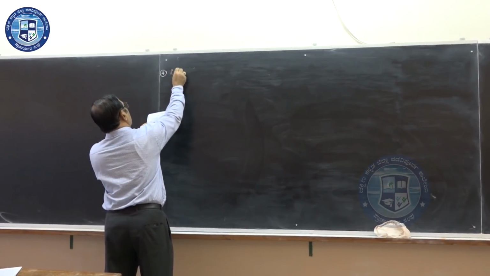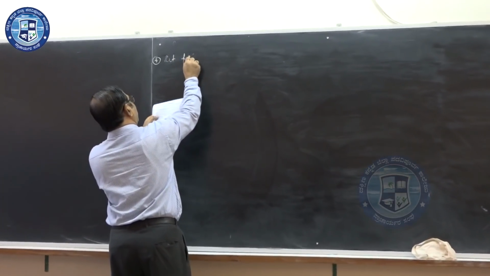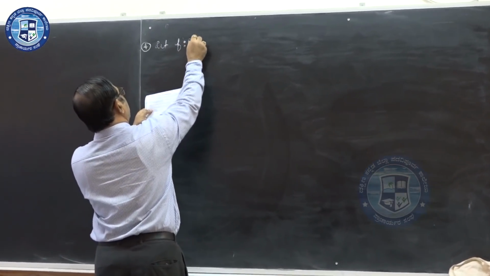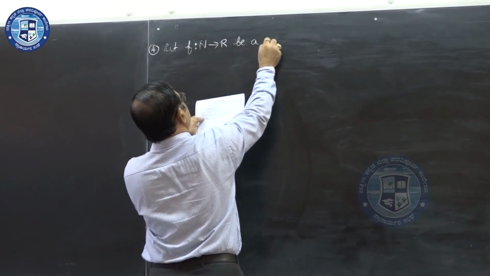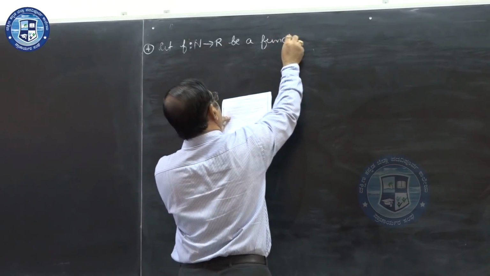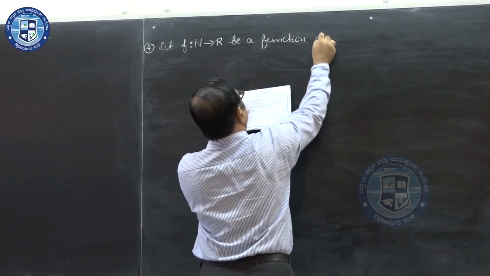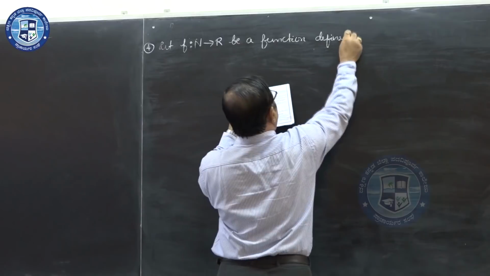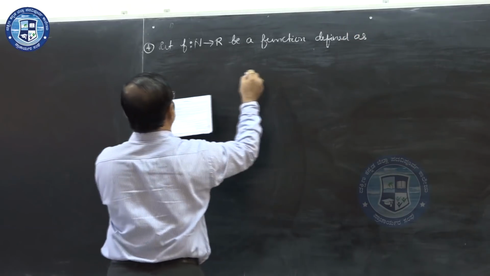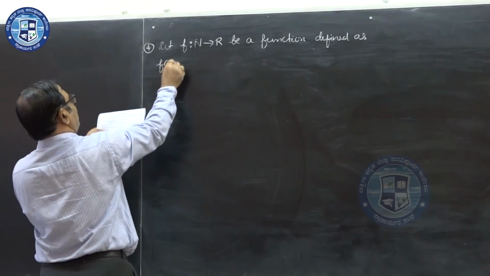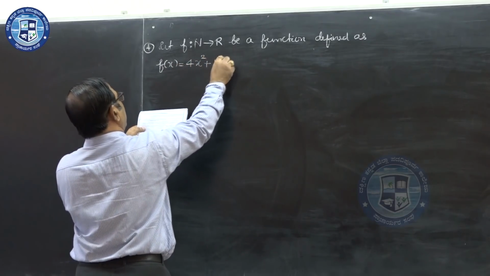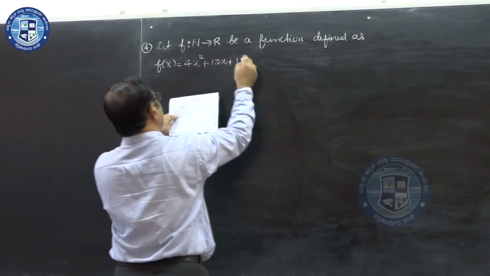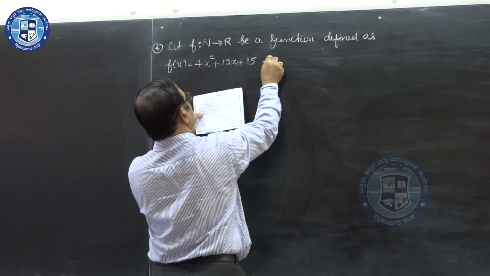Let f from N to R be a function defined as f of x equal to 4x square plus 12x plus 15.